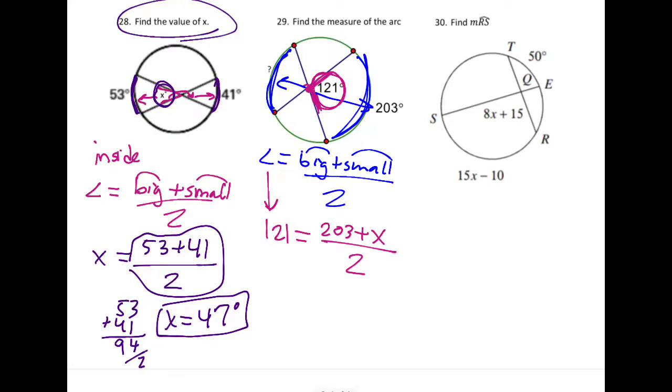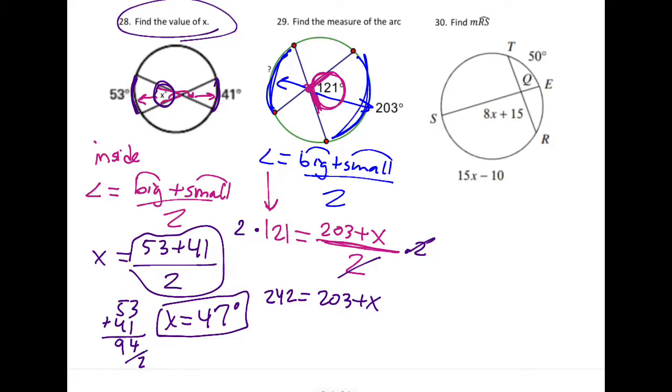So this one you do need to get x by itself. Remember that the inverse of dividing by 2 is to get rid of it by multiplying both sides by 2. So those 2's cross out, and then you could do 2 times 121. So we get 242 is equal to 203 plus x.